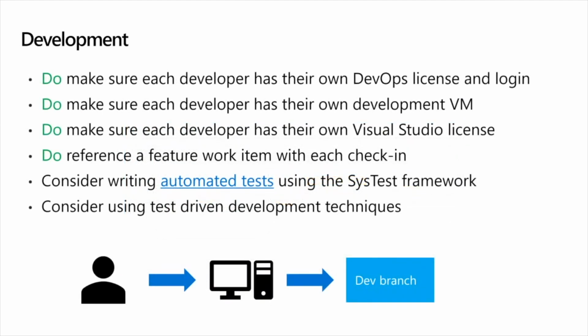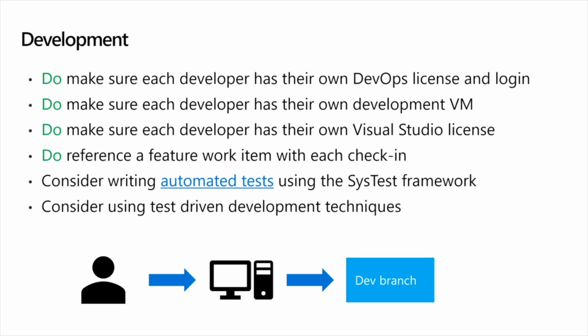Make sure that each developer has their own DevOps license and login. That ensures good traceability. They also need to have their own development VM and Visual Studio license. Again, sharing a development machine, they would end up sharing DevOps logins, and that would not allow for traceability.